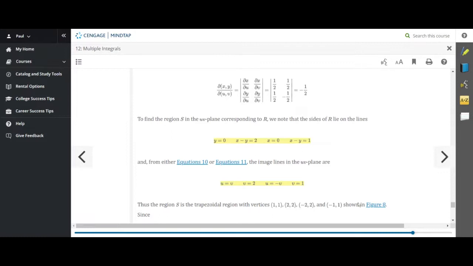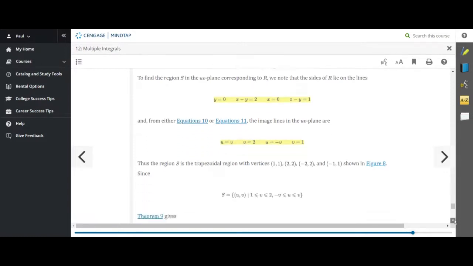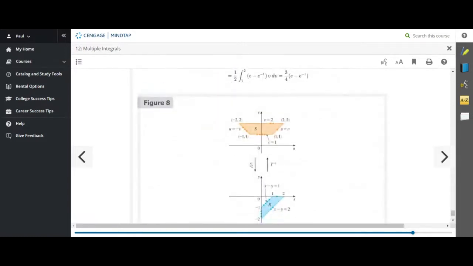And so what happens is, again, you get this new trapezoidal region in figure 8. If you're going to integrate with respect to u first, which you would want to do, your function on the left is u equals negative v, your function on the right is u equals positive v, and the v limits are going to go from 1 to 2.